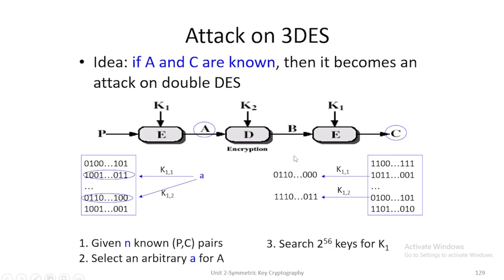Because for encryption, at both ends only K1 is available. So if you know the A and C values with the same K1 value, we may be able to retrieve the table entries. In this way, they try to get the K1 and K2 values. This also comes under the meet in the middle attack technique.